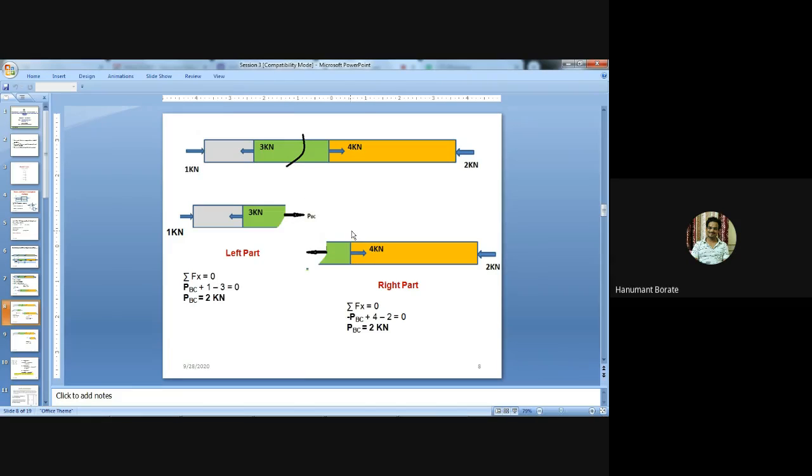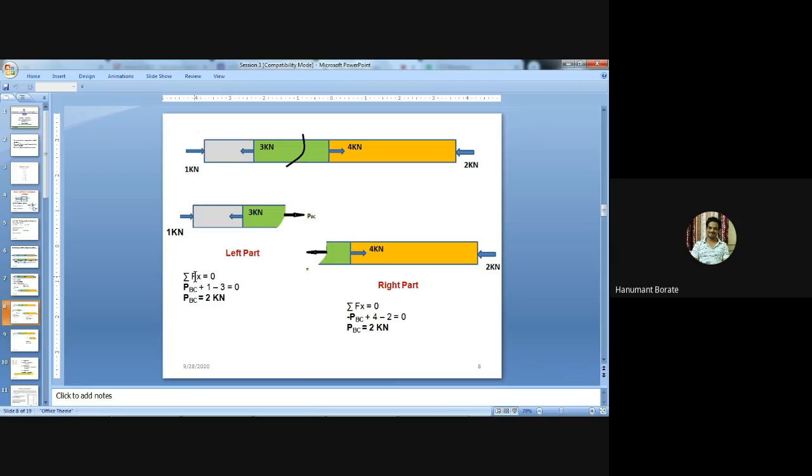But we can consider any part as per our convenience. Just treat rightward forces positive, leftward forces negative. Again, this PBC, the force in member BC, is the internal force we need to show here. And this PBC is always taken as tensile, for convenience, to avoid confusion.